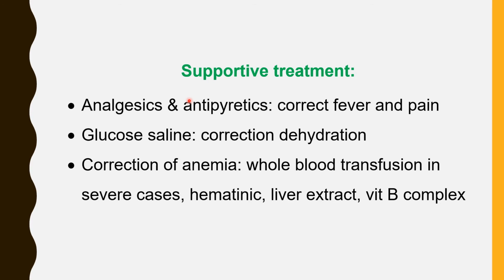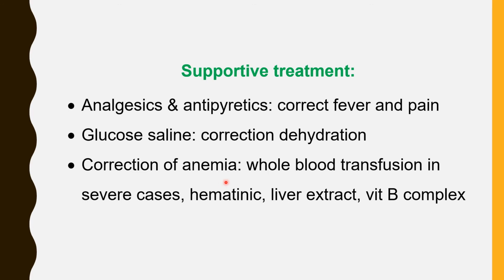Generally, along with the specific treatment, supportive treatment is also required, such as analgesics and antipyretics to correct fever and pain. Glucose saline is also given to correct dehydration, and correction of anemia.